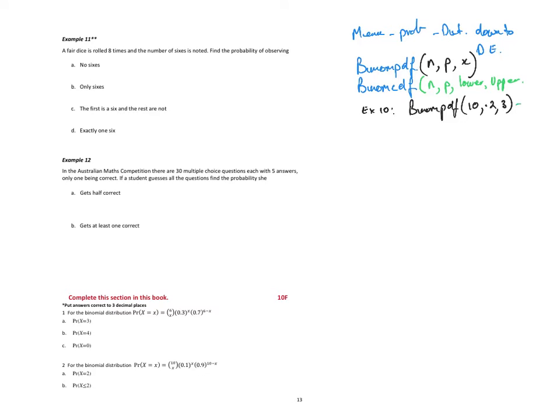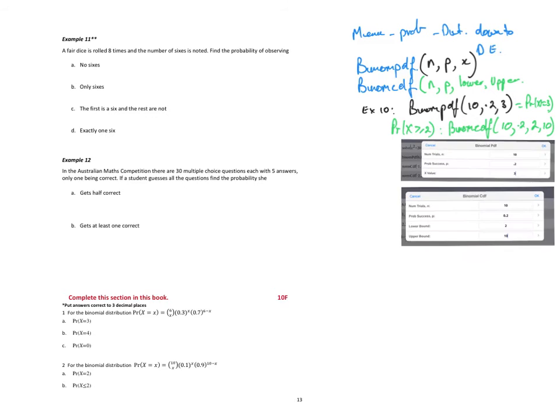And if we went to the last example, the probability that X was greater than or equal to 2, I could put in Binom CDF for cumulative, 10 trials, 0.2 success, and I want from 2 to 10 successes. Okay? There are the two images there underneath.